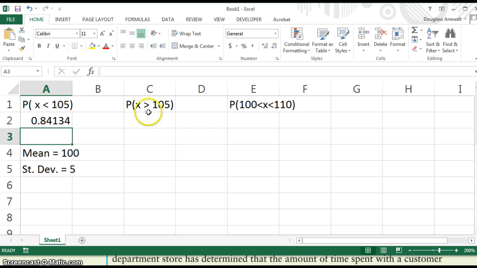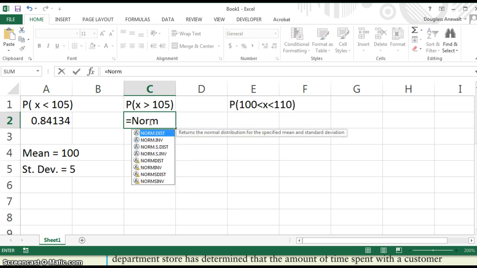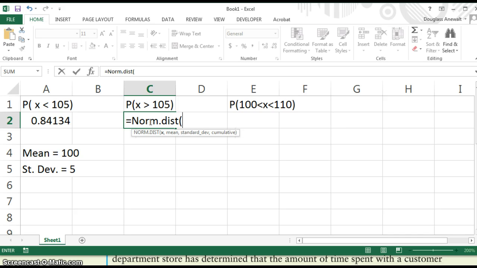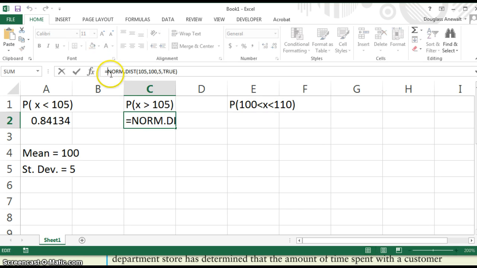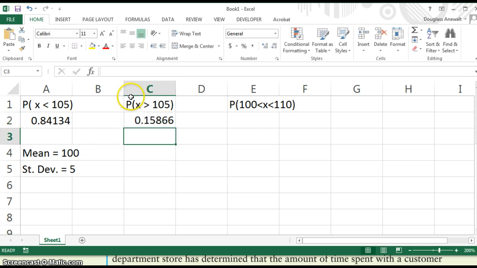So the way you do a greater than, you have to subtract the answer from 1. So I would have, again, 105, 100, 5, true. But just like that first one I did, that's the chances of x being less than 105. So if there's about an 84% chance of being less than 105, that means the rest of the time you have to be bigger than 105.